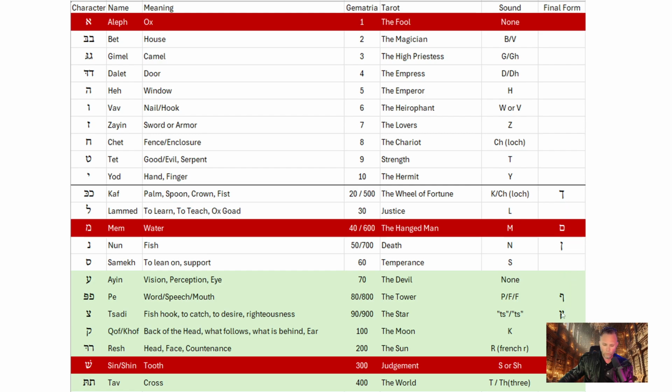These are their final versions. The second versions of these letters are their finals, and they are used whenever the letter occurs at the end of a word. These final letters also have a different numeric value. So if you notice, those values have 2 values here. We have what it is when it's in its normal form and what it is when it's in its final form. And you should know both of those.